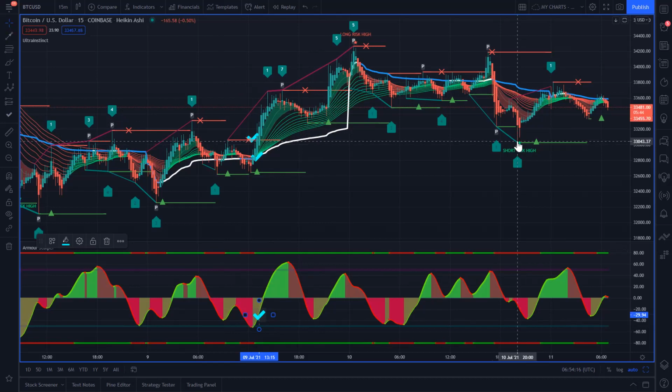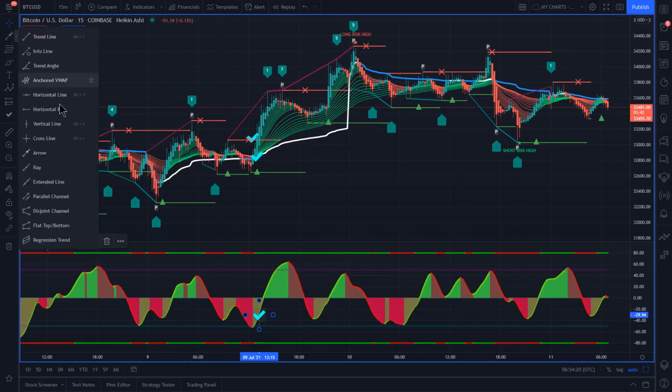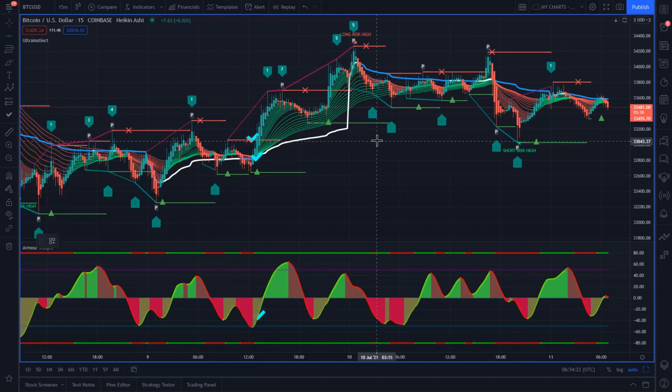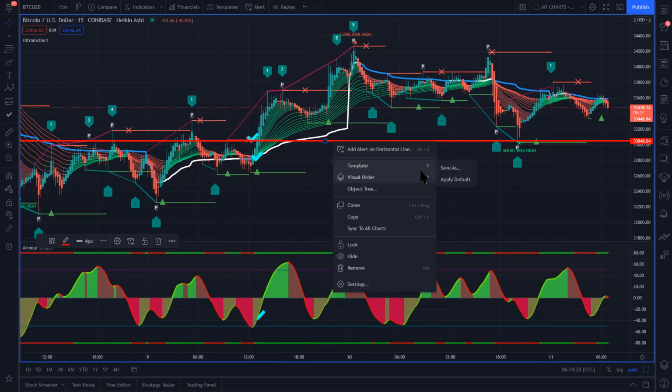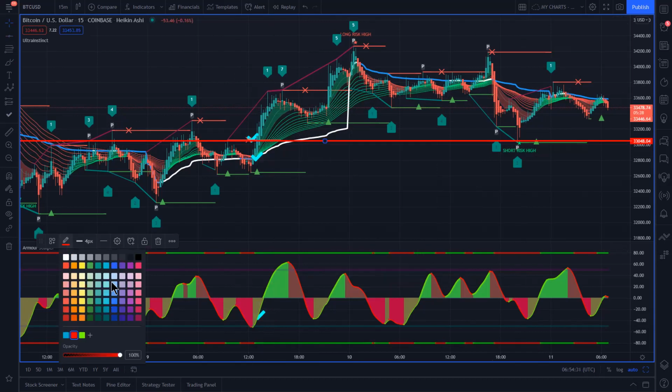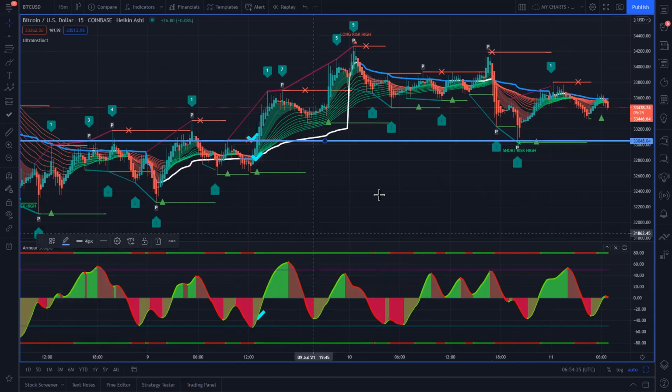Okay, look at this. Let me draw the horizontal line here. This was the problematic area. See, back then. Let me change the color to make it blue. Yes.